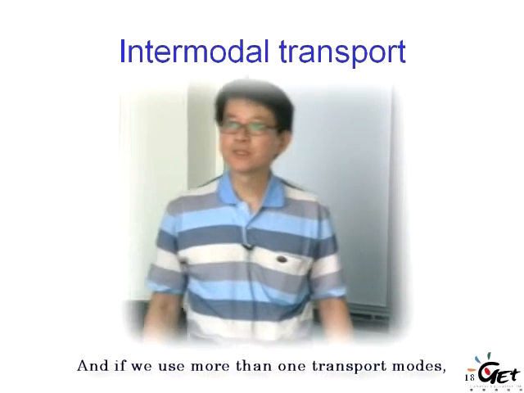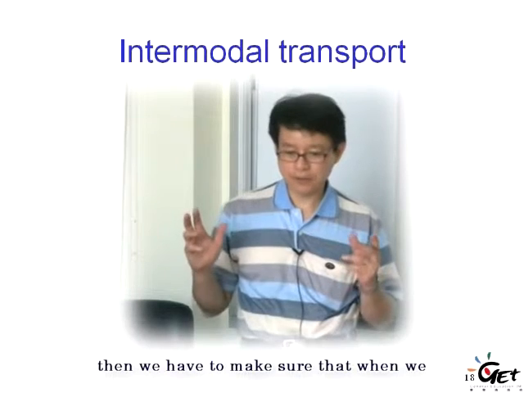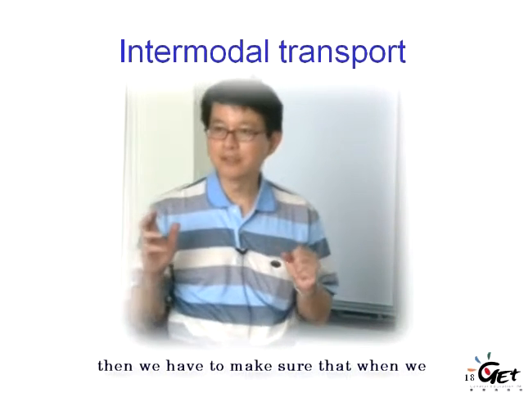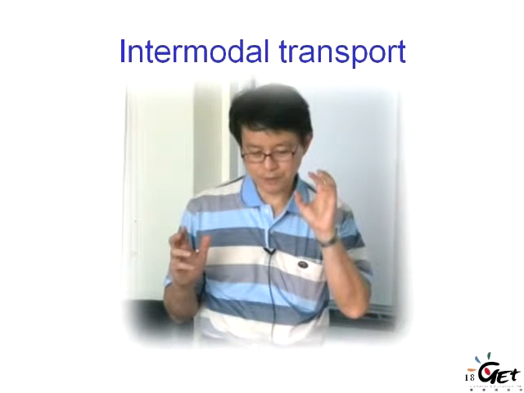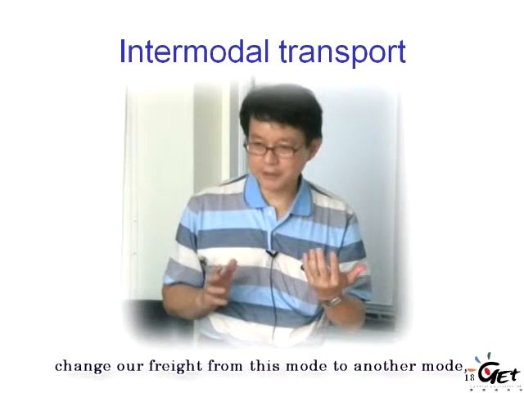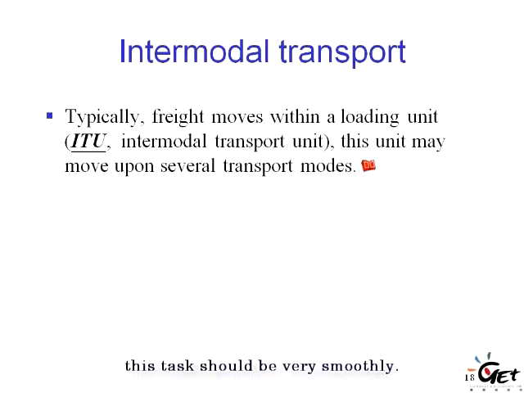And if we use more than one transport mode, then we have to make sure that when we change our freight from this mode to another mode, this task goes very smoothly. I mean, we have to figure out some way so that we can easily change from one mode to another.